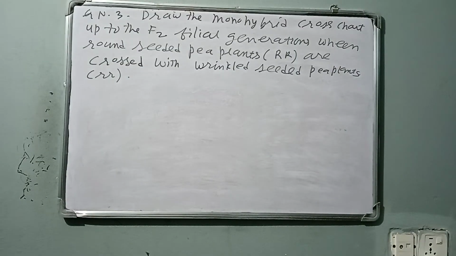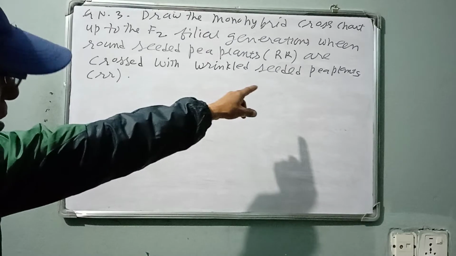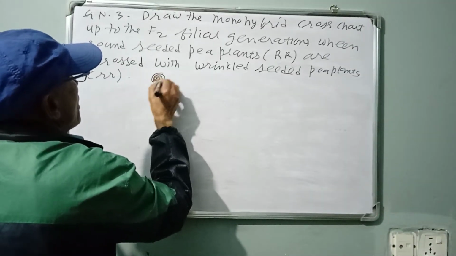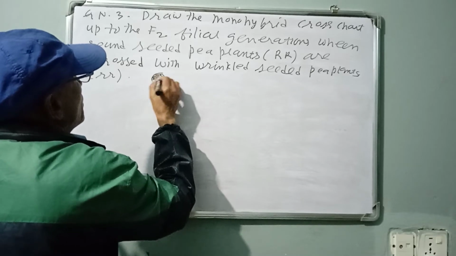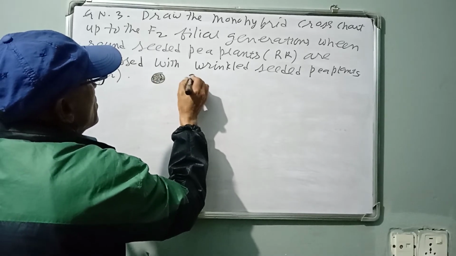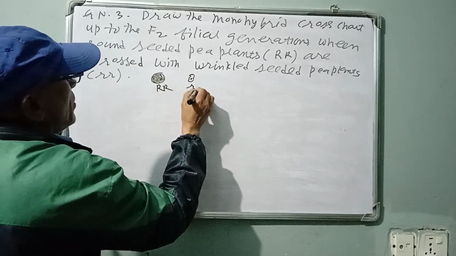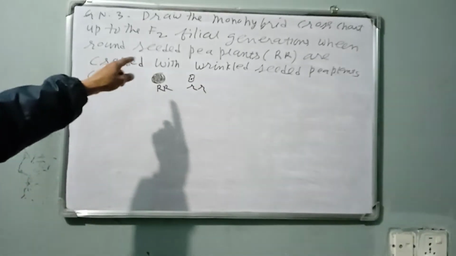Round means round and wrinkled means wrinkled. You have to write two points.